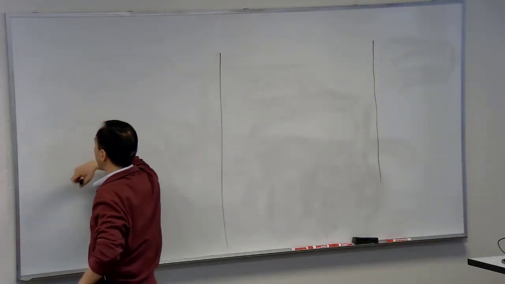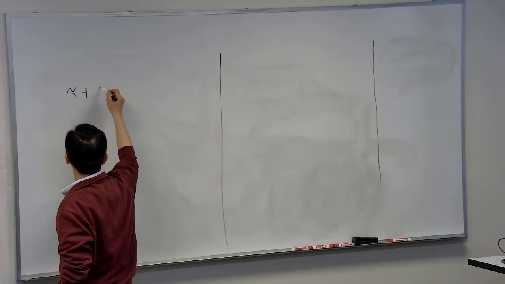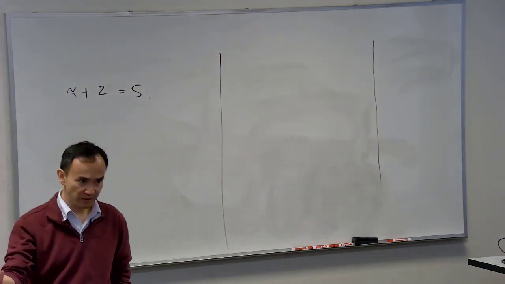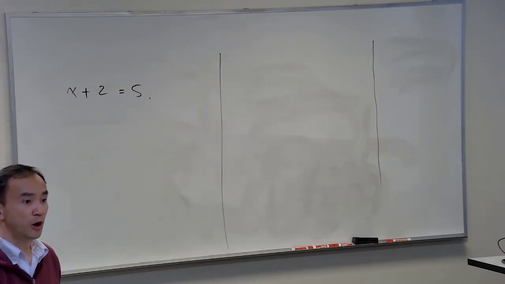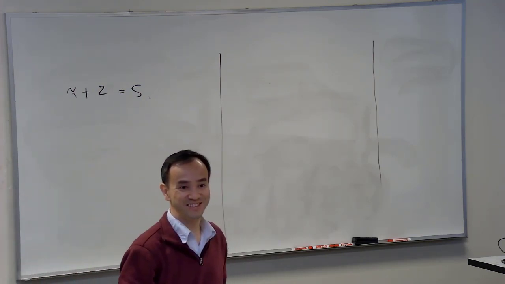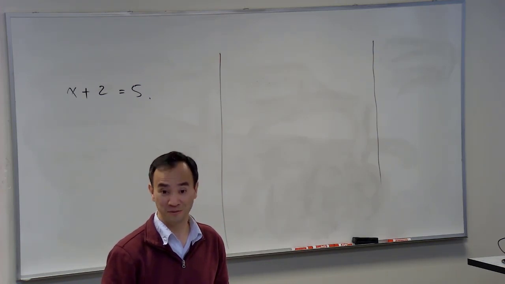Think about something like this. All right, let's say x plus 2 equals 5. What I have in front of you is an equality, right? Is this true for all x values? Tell me that. Is this equality true for all x values? No, right?